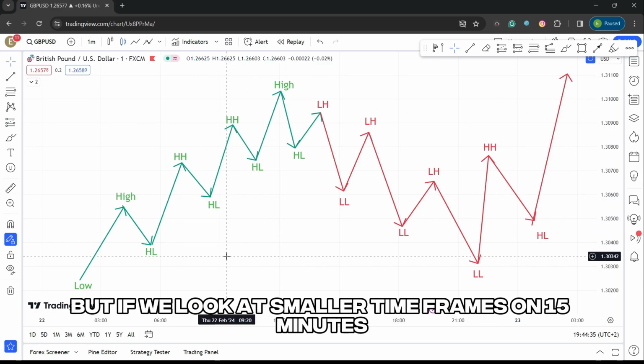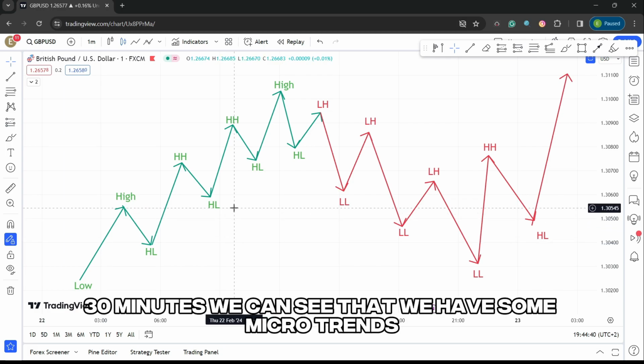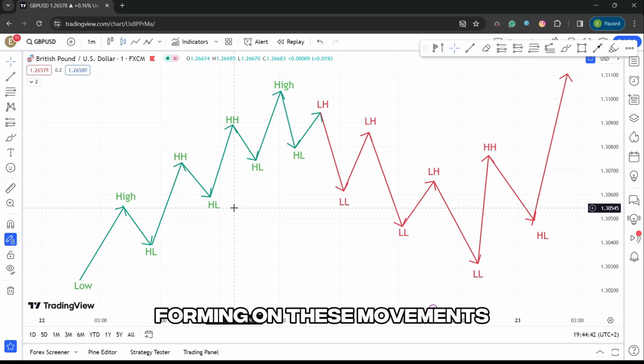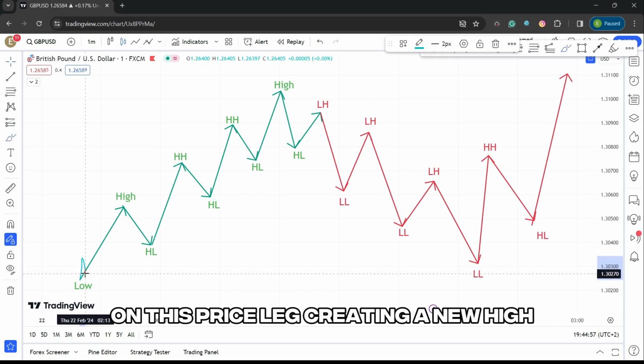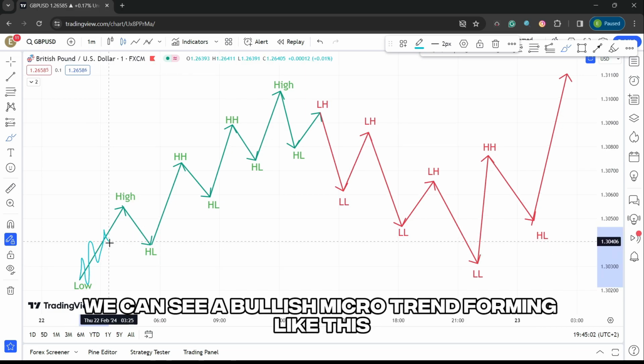But if we look at smaller time frames on 15 minutes, 30 minutes, we can see that we have some micro trends forming on these movements. As you can see here on this price leg creating a new high, we can see a bullish micro trend forming like this.